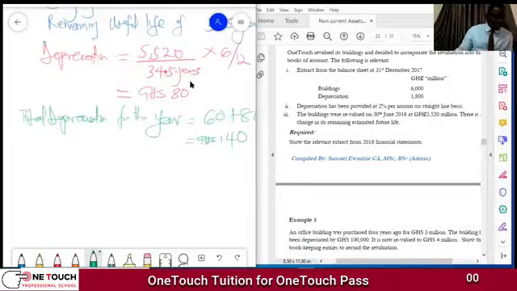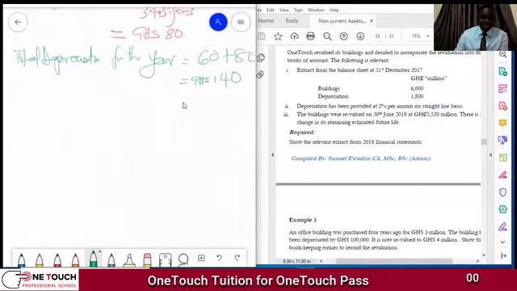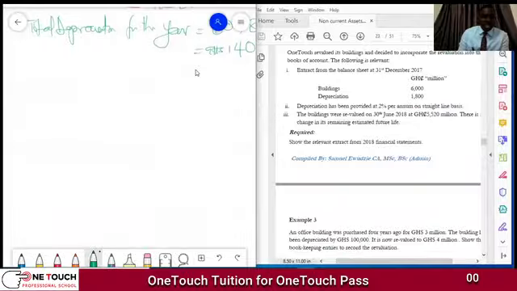Okay, good. So let's look at our income statement extract.